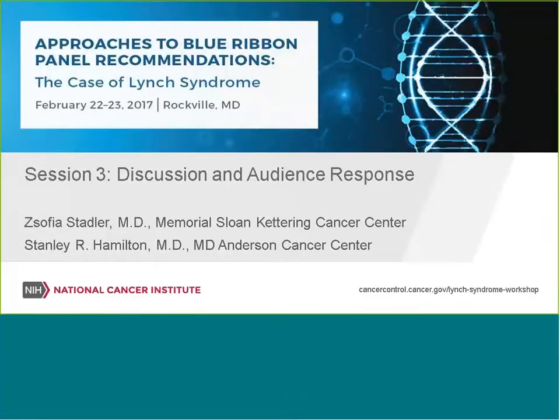In other words, if you've lost the protein, it's almost guaranteed that microsatellite instability is present unless it's MSH6. MSH6 is the rule breaker on that. There are cases that have lost MSH6 that do not have microsatellite instability. I don't understand that either, but that's what the study showed.